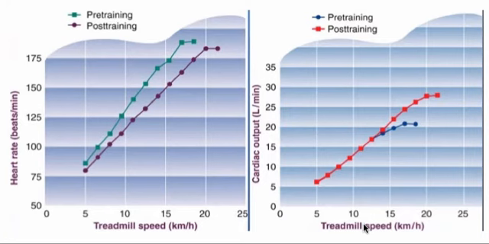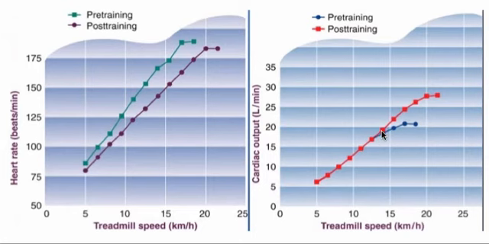The trained and untrained individuals will have similar cardiac outputs at sub-maximal exercise. So as the treadmill speed increases, they have exactly the same cardiac output. This is for sub-maximal exercise. So on this graph, we can show the progression essentially from walking to jogging and then getting up here to running, and this would be at a higher intensity.